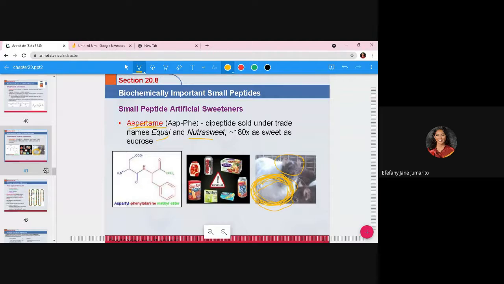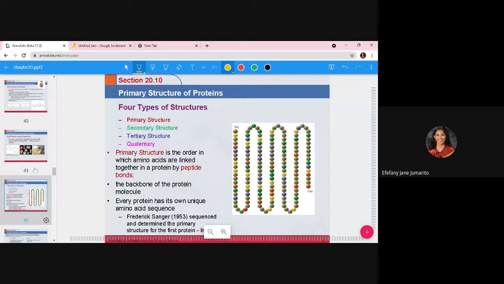So then we have the proteins. Now proteins, there are four types of protein structure. We have the primary, secondary, and then we have the tertiary. Primary structure is the order in which amino acids are linked together in a protein by peptide bonds.